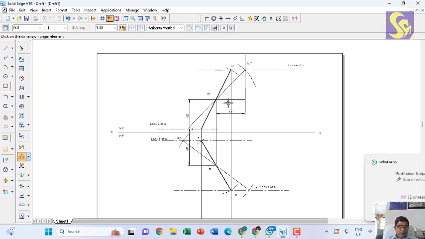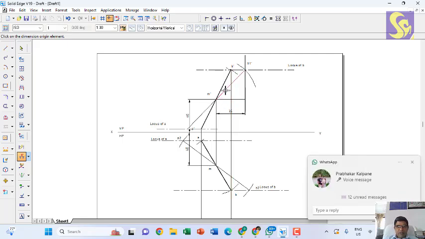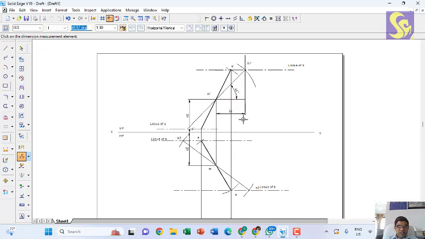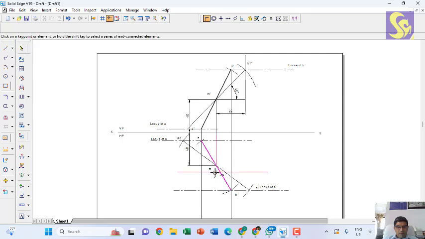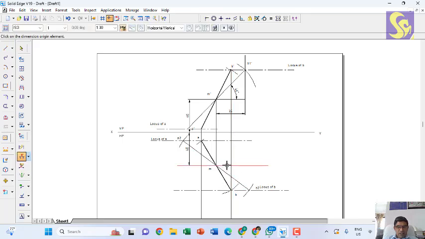We will find out the angle between the true angle in the front view, that is theta, 46 degrees, and the true angle in the top view. If you want to get it, I need to have a reference line to be drawn. I can draw the reference line and I can get the angle, the true length with VP is 37 degrees, that is phi.